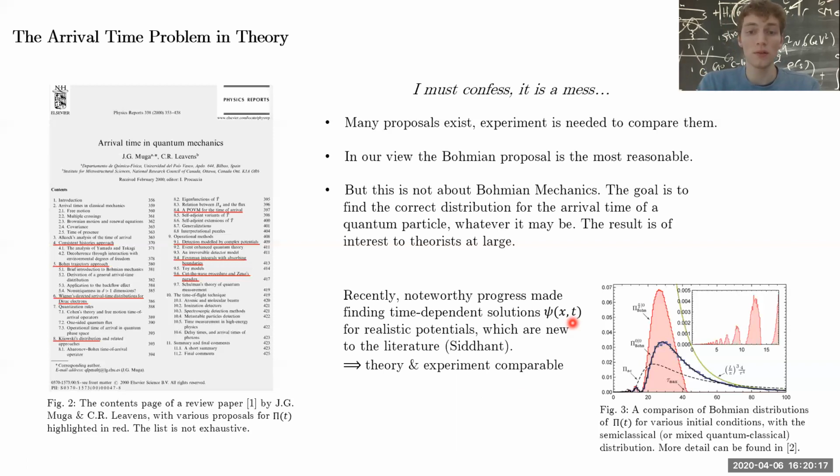It's really noteworthy work, and for those potentials, the Schrödinger equation had never been solved before. And it's because of this work that it's now possible to compare theory and experiment. It may have been possible without, but it's not very clear, and certainly it would have been difficult. So this is a big step in the theory.